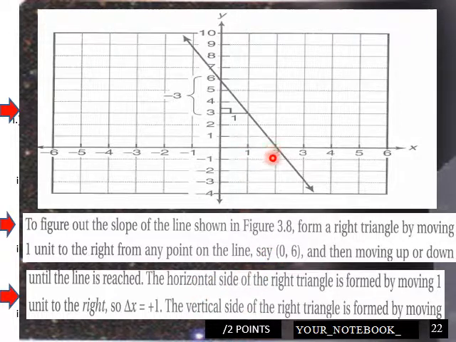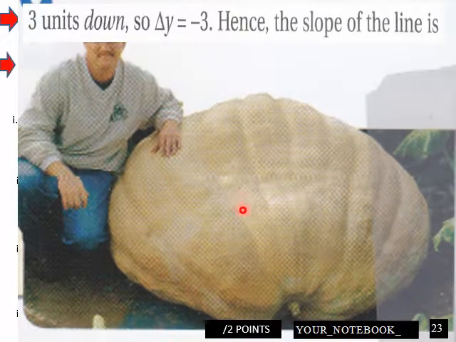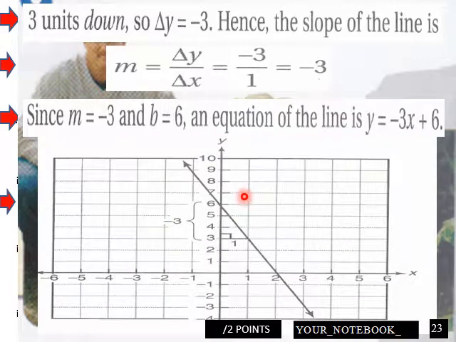The y-intercept is (0, 6), so your b would be 6, so it'll be y equals -3x plus 6. You've got a negative rise and then a positive run. Then here is your y-intercept.